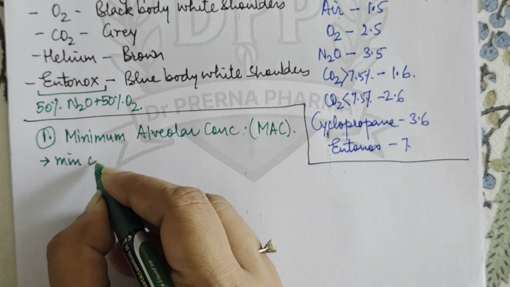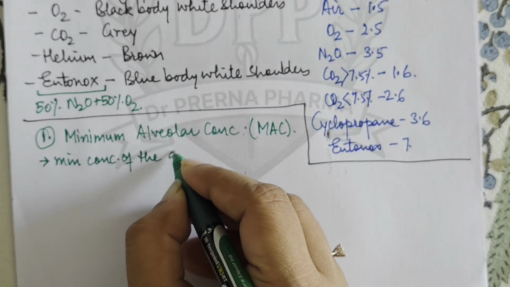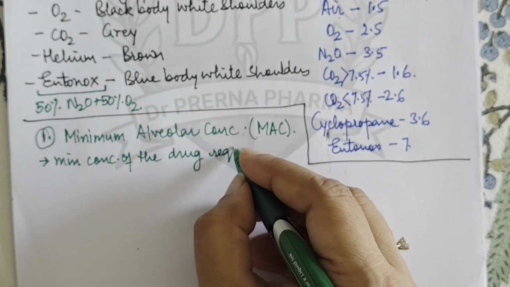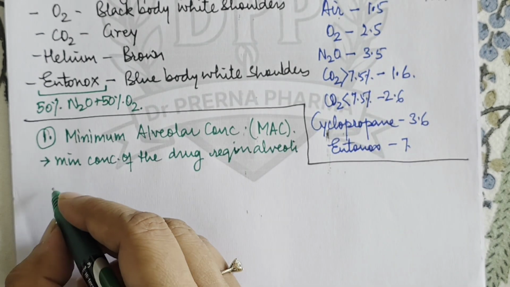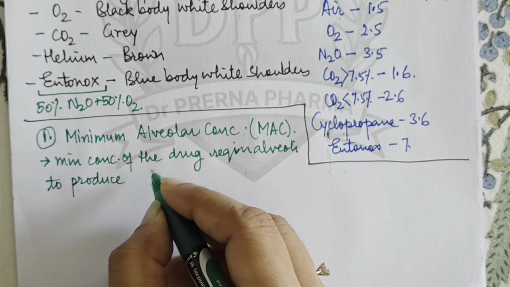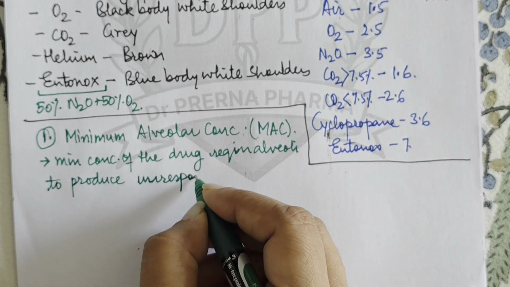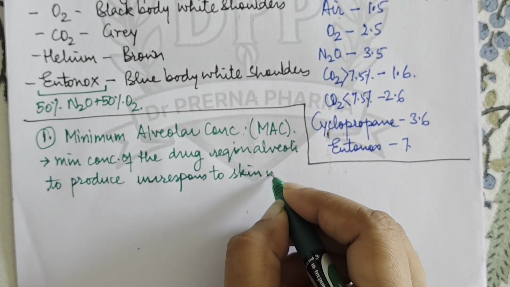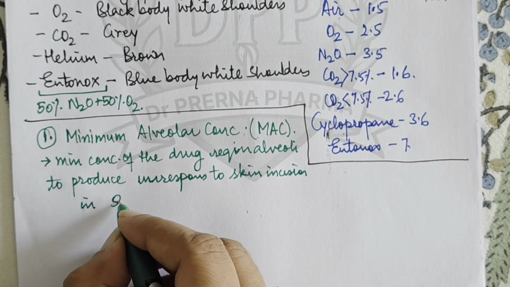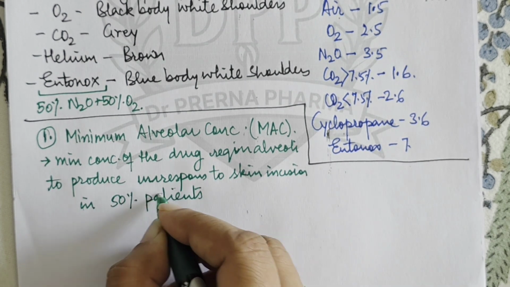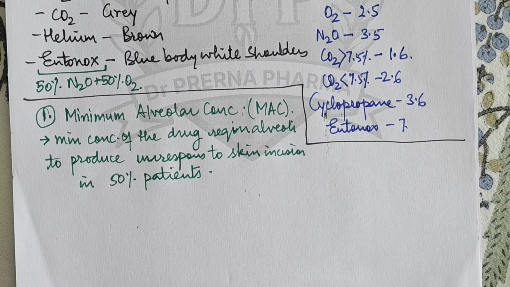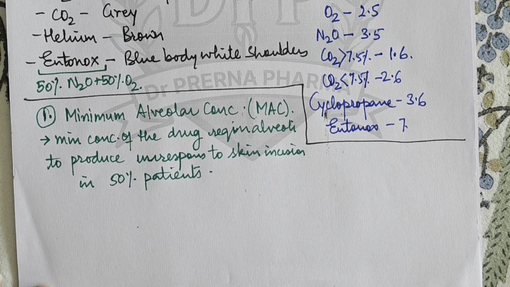This is the minimum concentration of the inhalational agent required in the alveoli to produce unresponsiveness to skin incision in 50% of patients. That means the patient is anesthetized to the extent that 50% of patients do not feel the skin incision. So the minimum concentration which is required to produce that response is the MAC.